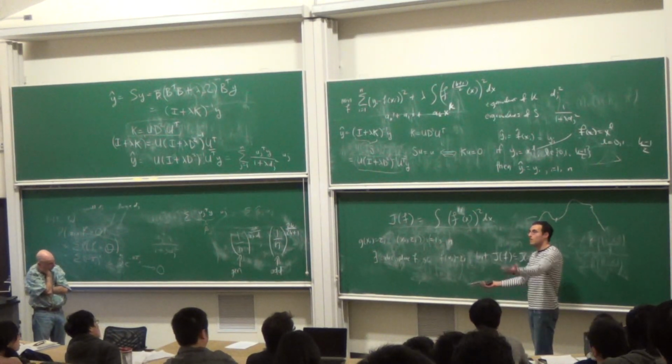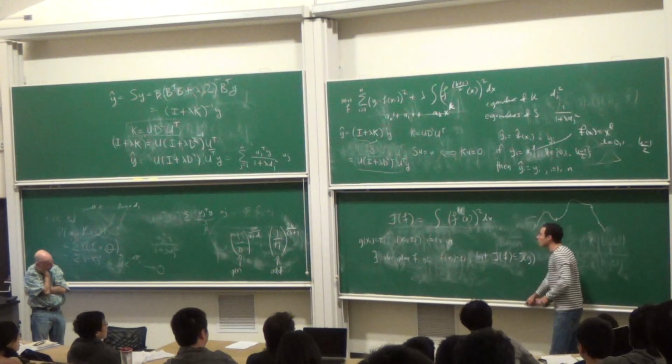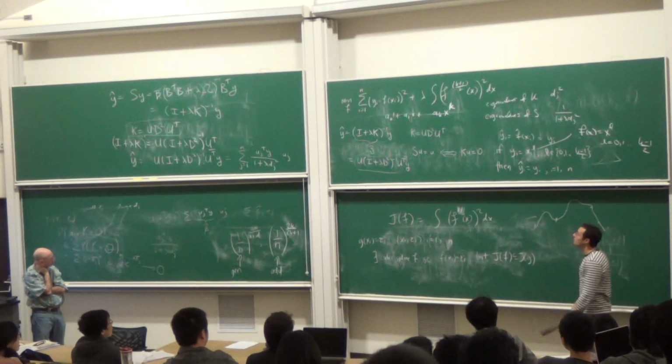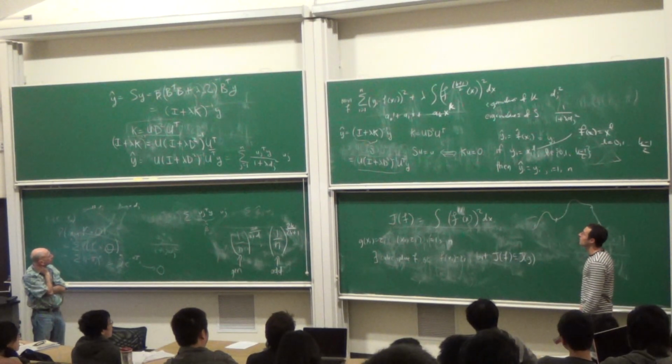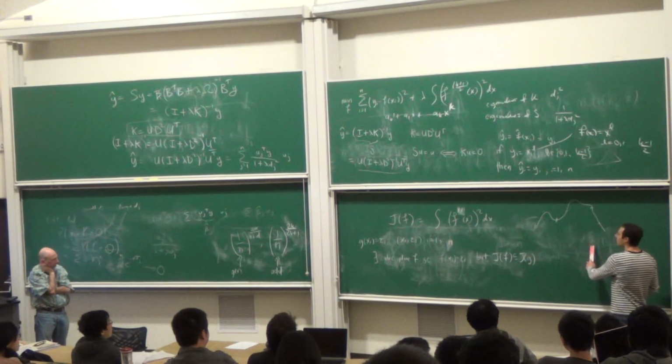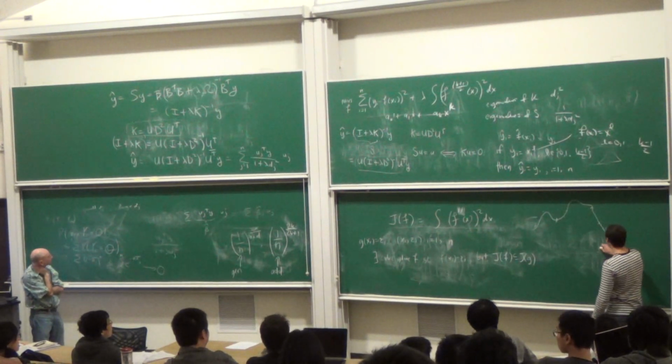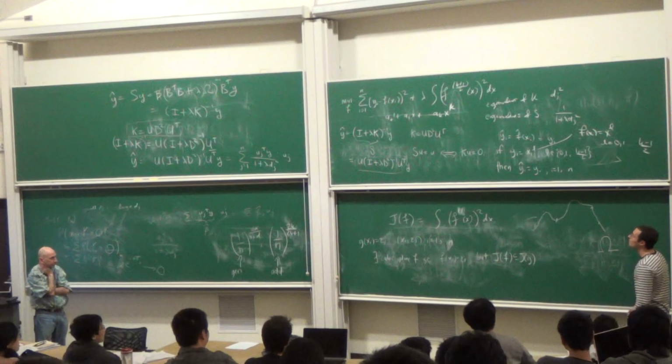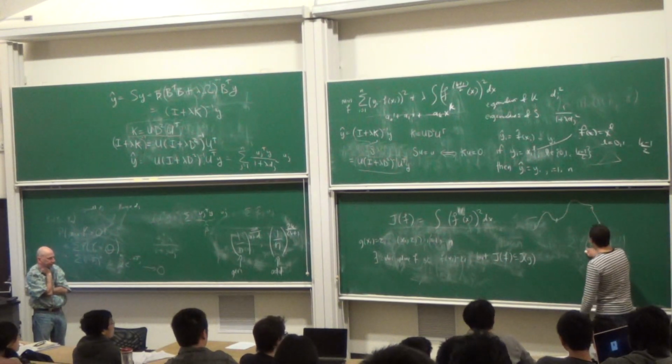Another way of seeing that is through that penalty matrix, this omega.